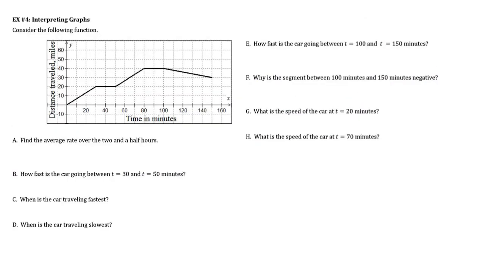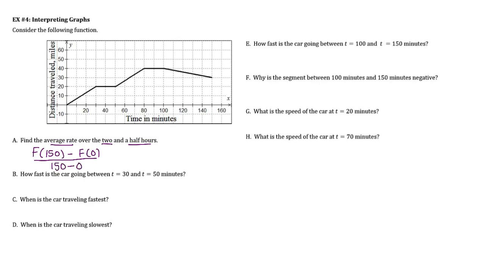Okay, for our next example, example 4, notice we're asked to find the average rate over the 2.5 hours. So that average rate over 2.5 hours, we're going to have f at 150 minus f at 0, and that's going to be all over 150 minus 0.